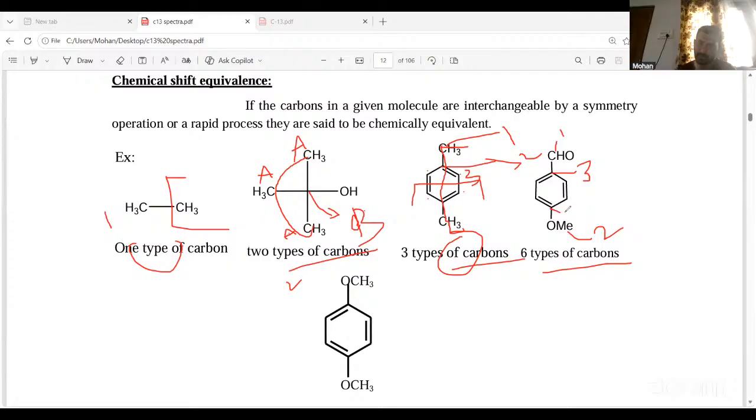Below the ipso carbon, it is four here. This is five, and this is six. This side is the same: these two are one, and these two are one here. So there are six types of carbons, and you get six signals for this.